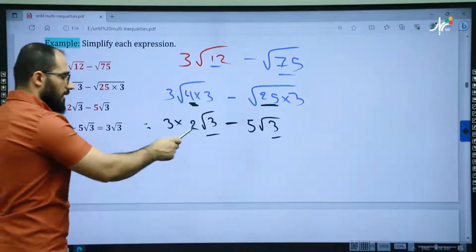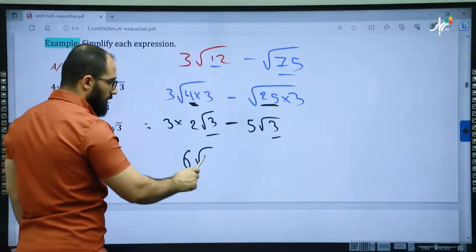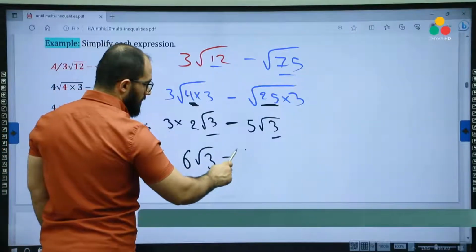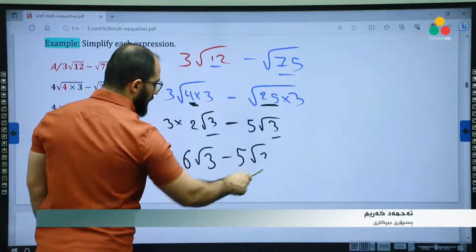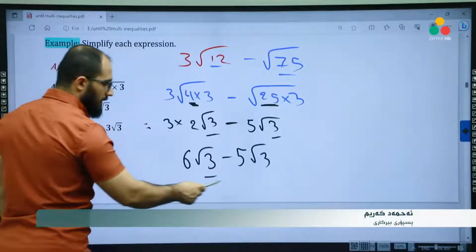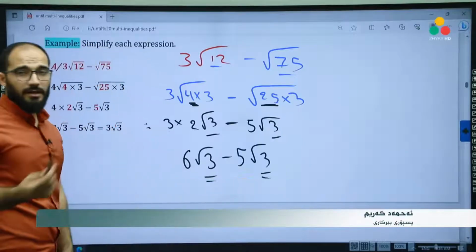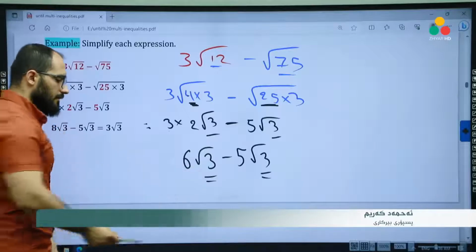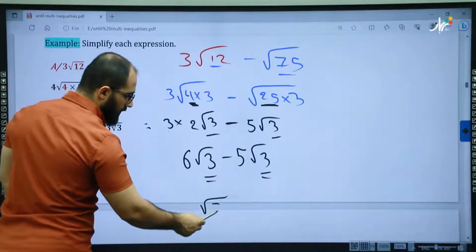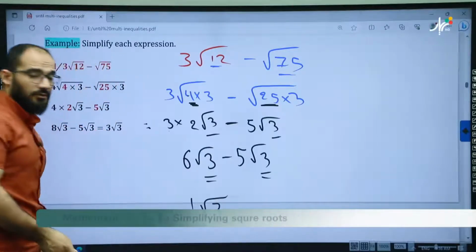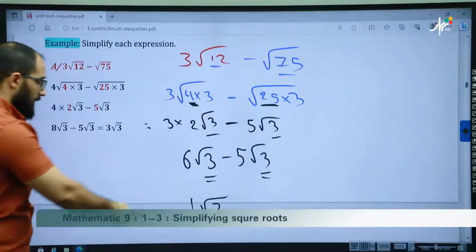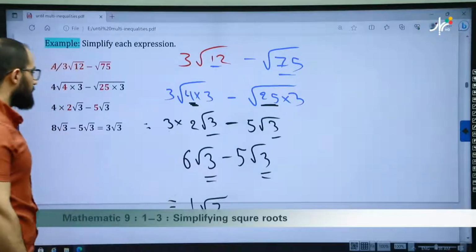Then 3 times 2 is 6 square root of 3 minus 5 square root of 3. The radicands are the same, so we can subtract them. 6 minus 5 is 1 square root of 3. If you write 1 or do not write it, it's the same. Okay, this is the result.